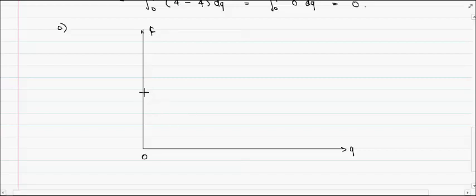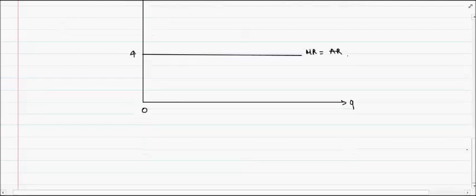Somewhere over here, this is 4, and this is the marginal revenue, equal to the average revenue, equal to 4. And the marginal cost is going to be 2 plus 0.2Q.